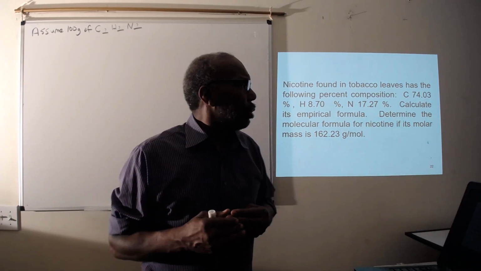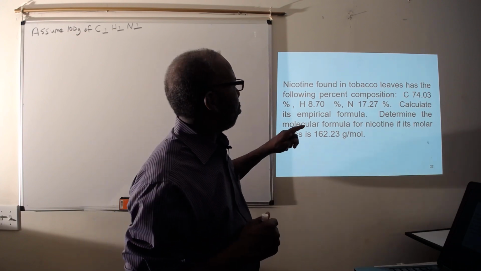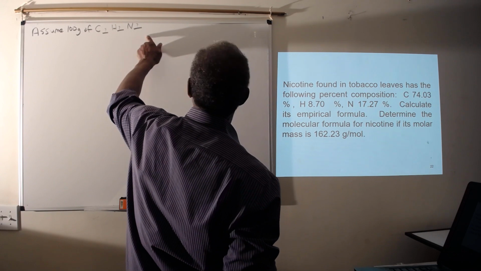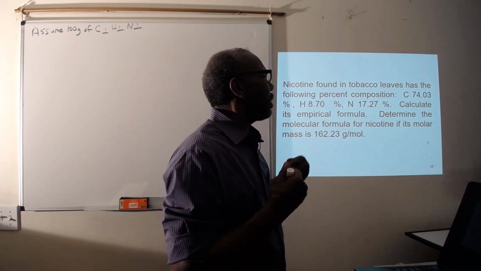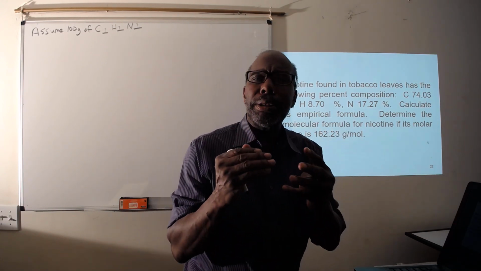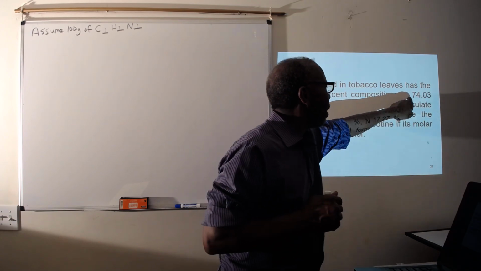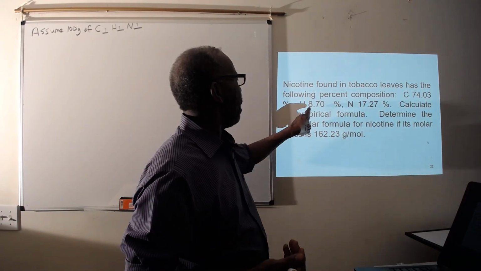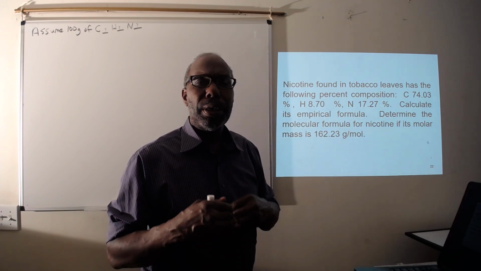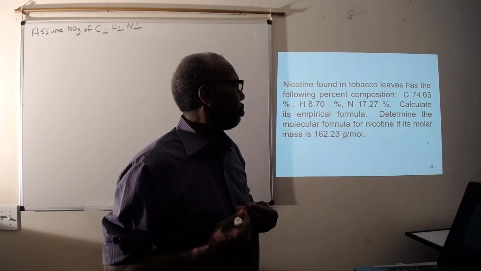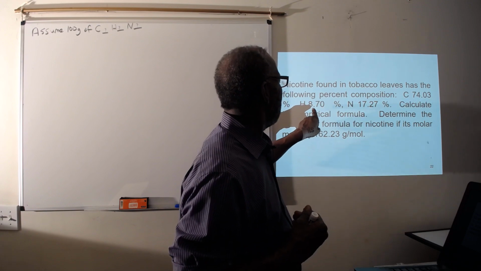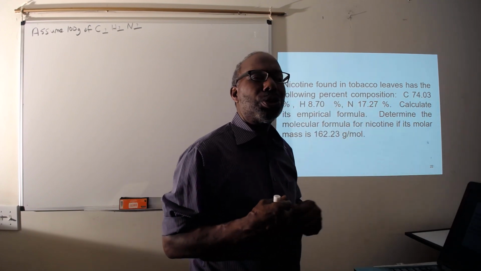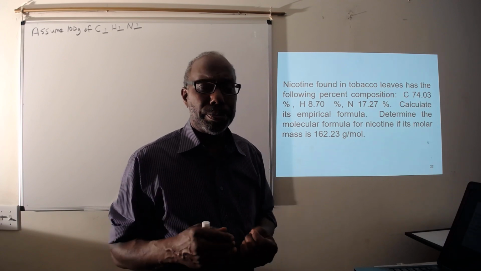If we assume 100 grams of nicotine, then we have 74.03 grams of carbon, 8.70 grams of hydrogen, and 17.27 grams of nitrogen.